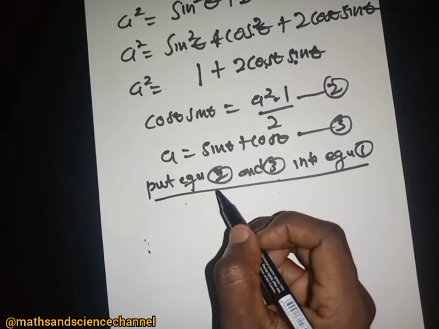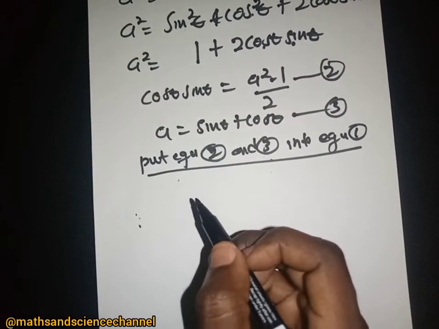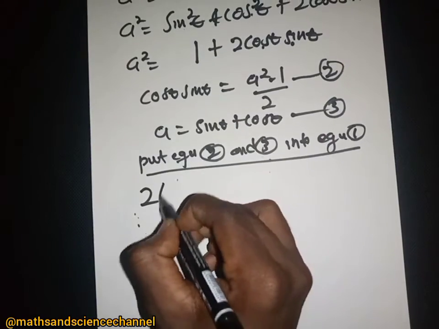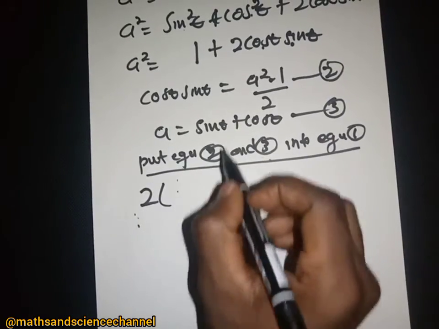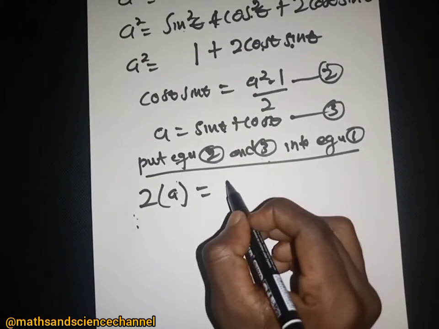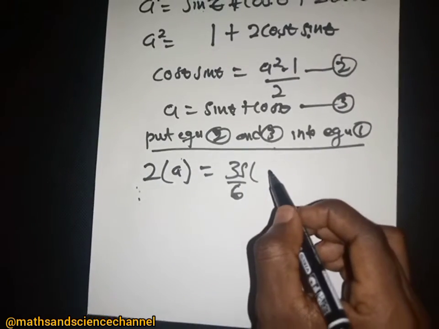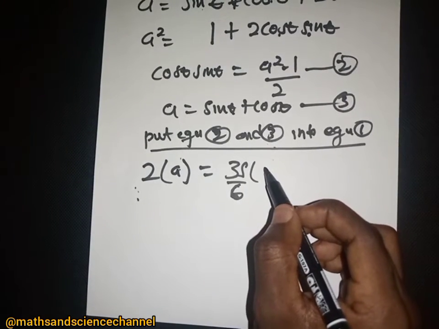Equation 1 was 2 multiplied by sin theta cos theta. Sin theta plus cos theta is just a in this case, being equal to 35 divided by 6, multiplied by the product of cos theta and sin theta.